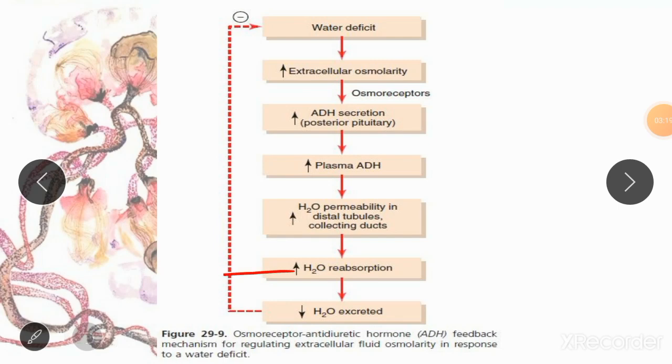This water, which is reabsorbed, causes the osmolarity of the extracellular fluid to decrease. So the osmoreceptors stop sending signals to the supraoptic nucleus, and no further ADH is formed. This is a negative feedback loop of osmoreceptor and ADH secretion.